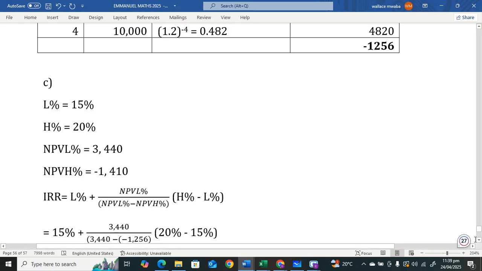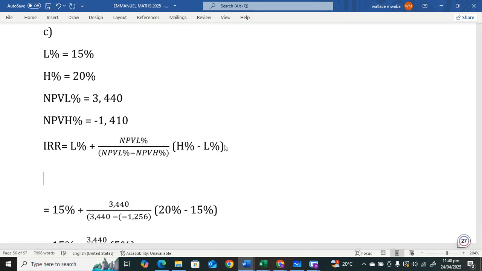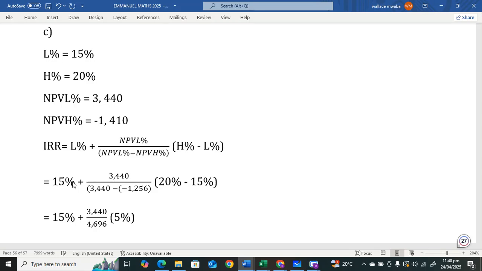So when there's L percent, substitute with 15%. When there's NPV L, substitute with 3,440. When there's NPV H, substitute with negative 1,410. Then now it's a matter of order of operations, BODMAS.